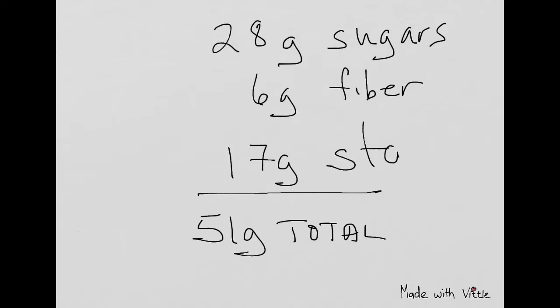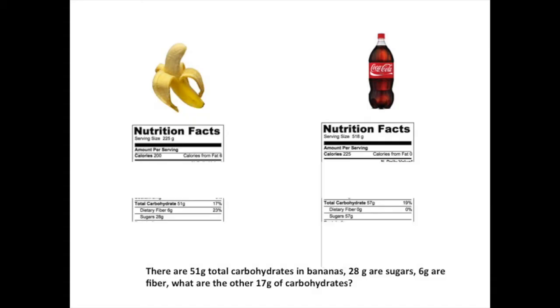The other category is starches. Starches aren't listed explicitly on a food label, but are implied after looking at the sugar and fiber content. This might seem annoying, but the food labels are supposed to highlight nutrients that are of concern to health. In the USA, most people need to decrease sugars and increase fiber.